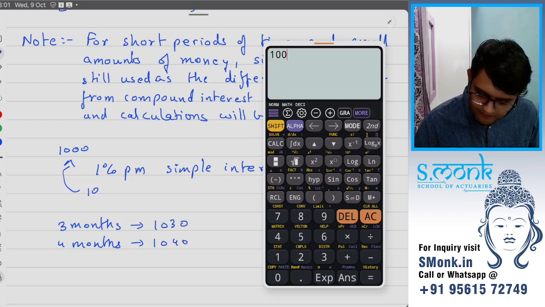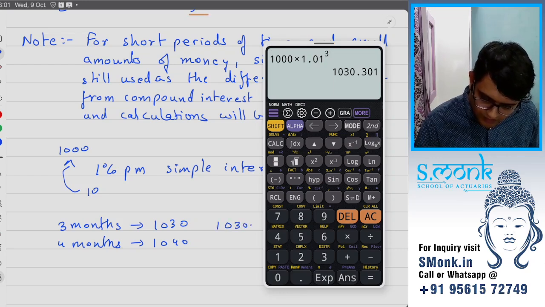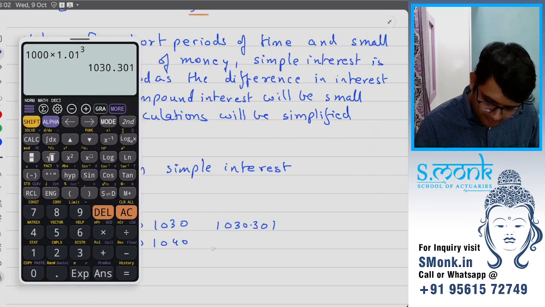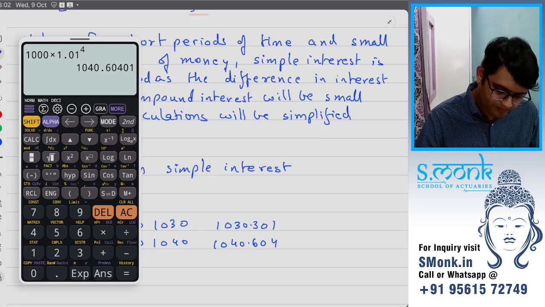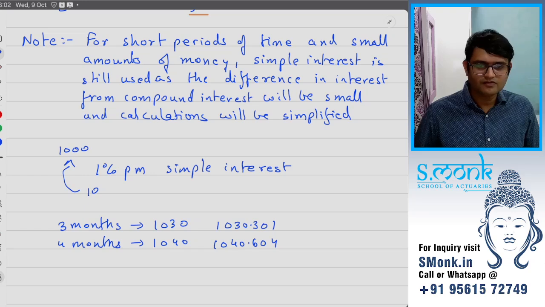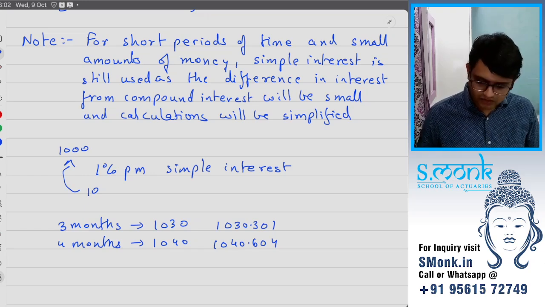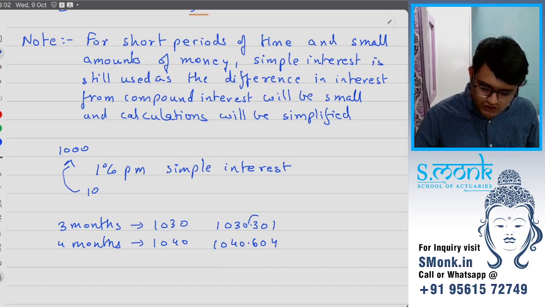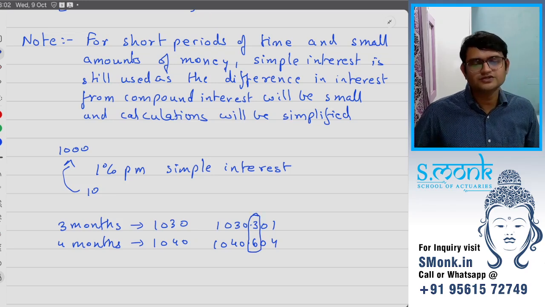If I use compound, there is a difference in compound, and this is more consistent, but you can see the difference is so small, almost negligible.